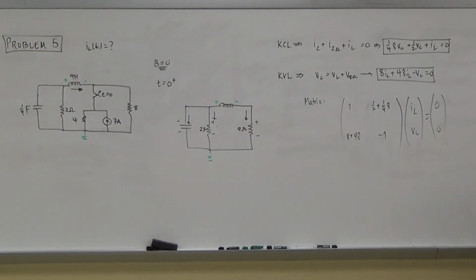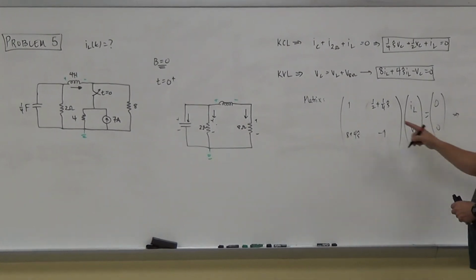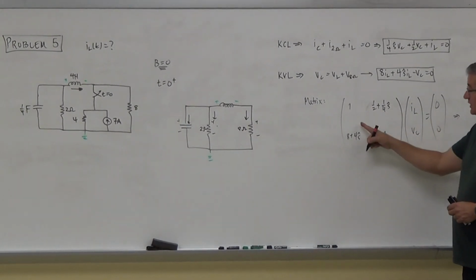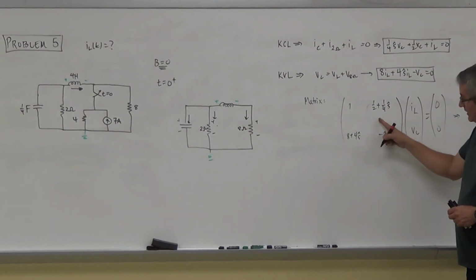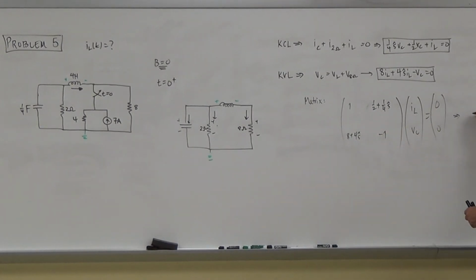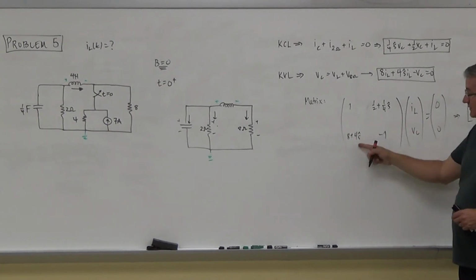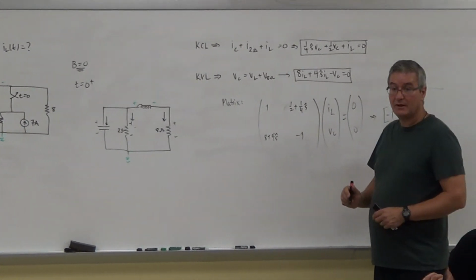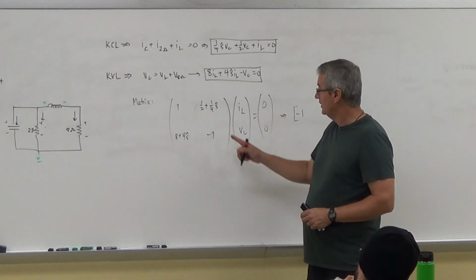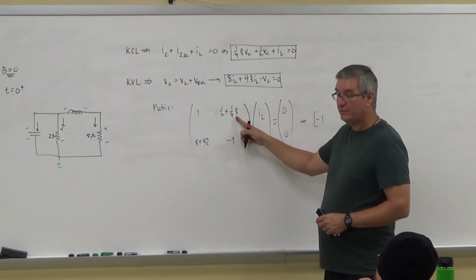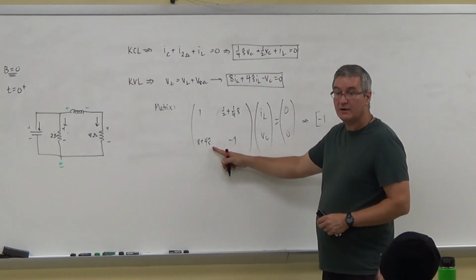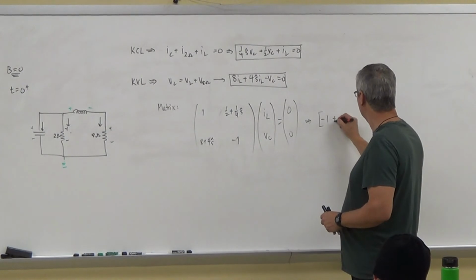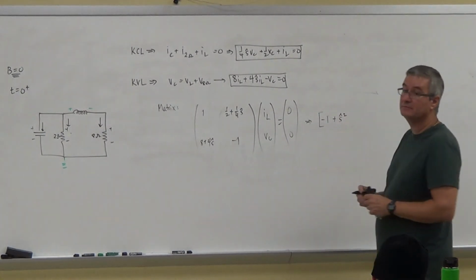So let's get the solution now. So I take the determinant of this, so I get -1, then I get another minus here. So I get -1, then I got to multiply these together. So how do we do this? Can I just multiply these two right here? Okay, so let's do the square term first. 1/4 times 4 gives me 1, so then I'm going to get plus S hat squared.